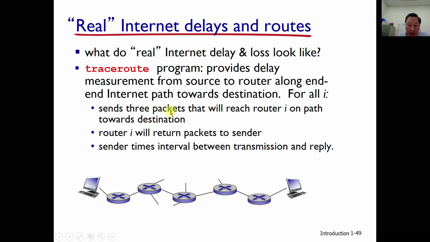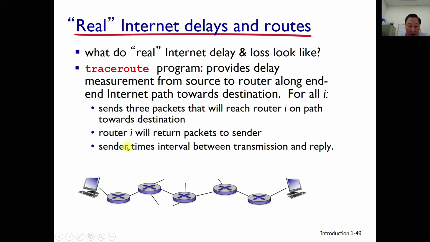Send 3 packets. We measure 3 times because of this 3-packet measurement. The packets will reach the first router, iterating from the beginning, 1, 2, 3, 4 like that, on the path towards the destination. This is the gateway router, first one, second one, third one.